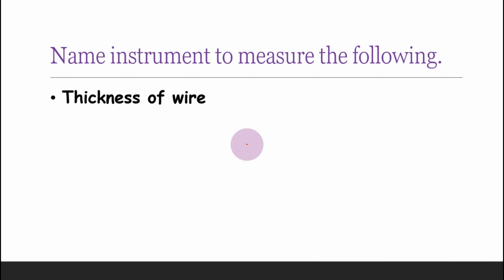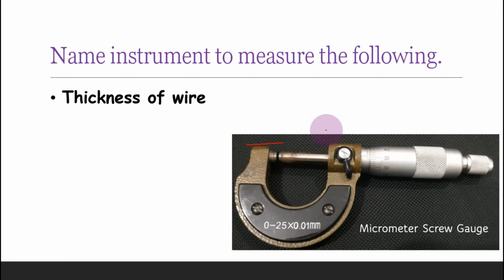The thickness of a wire, assume that it's a copper wire, we use a micrometer screw gauge. So these were the few instruments in your chapter for measuring lengths: measuring tape, meter rod, vernier caliper and micrometer screw gauge.